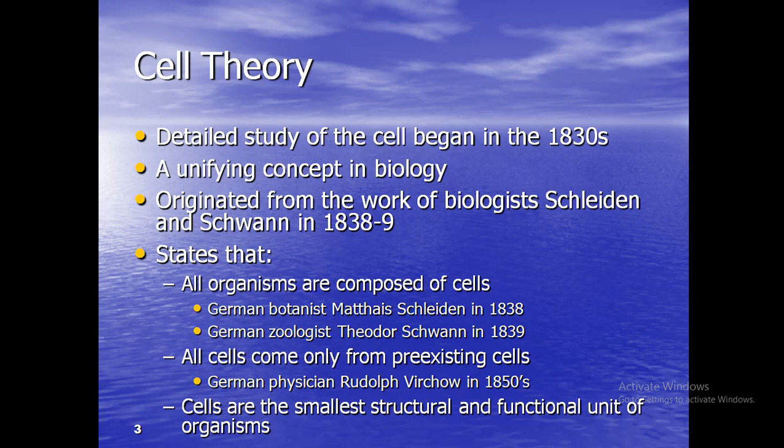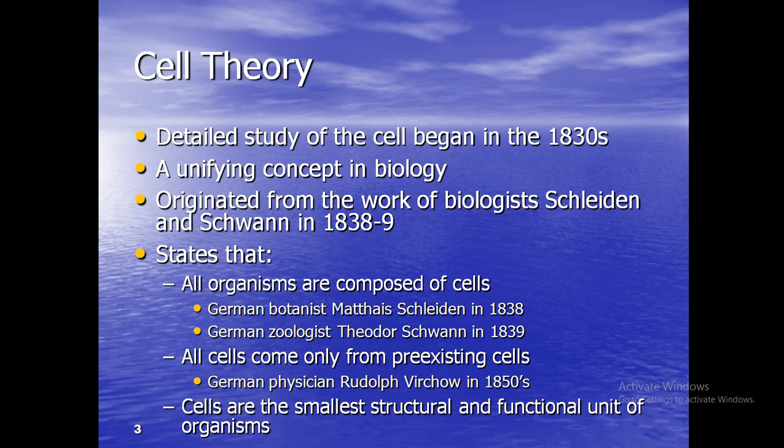Both were German. Matthias Schleiden was a German scientist in 1839, and he was a botanist, and Schwann was a zoologist. Both of them were German biologists. Then they proposed this cell theory.